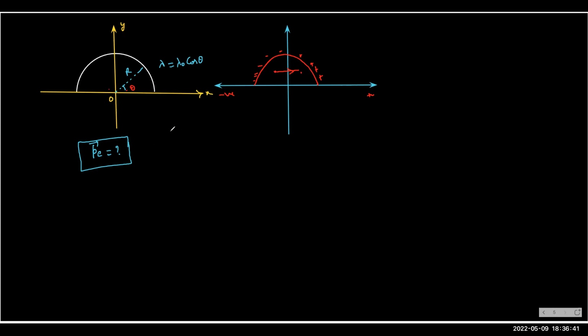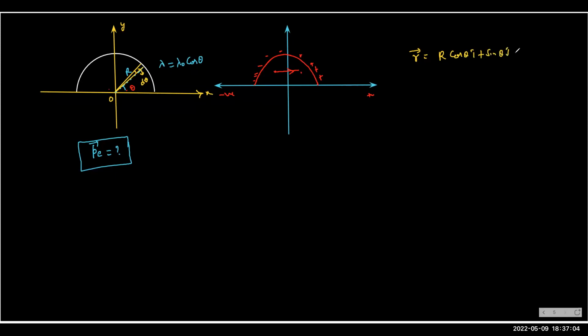Let me tell you, if you take an elementary element somewhere here at theta to theta plus d theta, then the position vector of that particle will be r cos theta i cap and r sin theta j cap.